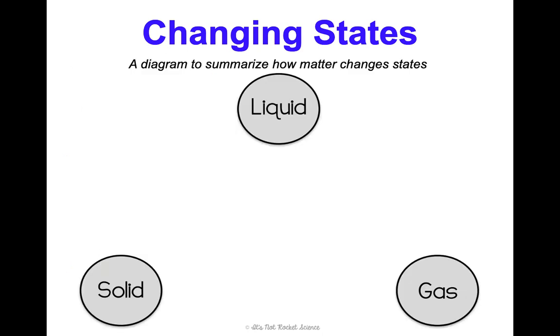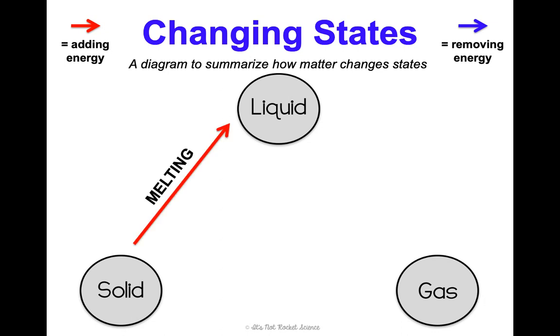So let's go ahead and talk about this diagram. So this is how phase changes happen. So the red arrow means you're adding energy into the system, and the blue arrow means you're removing energy from the system. So let's go ahead and start from solid to liquid. So you are going to have to reproduce this in a test, so be prepared.